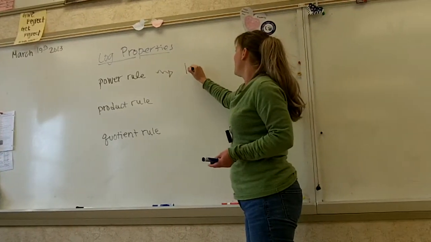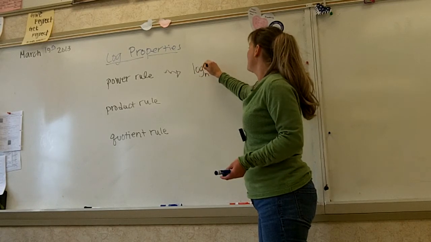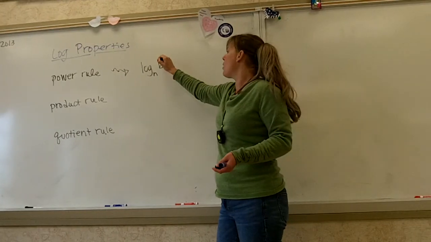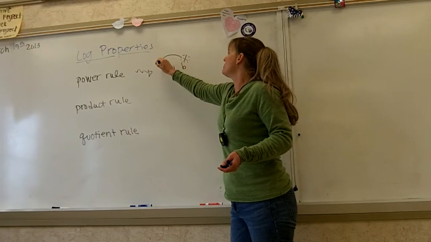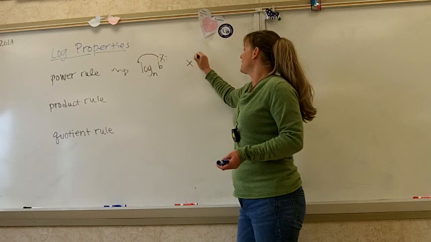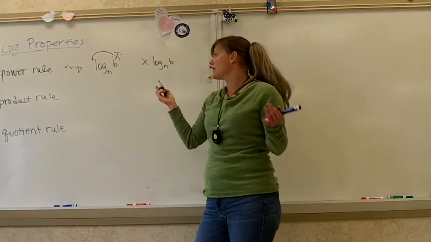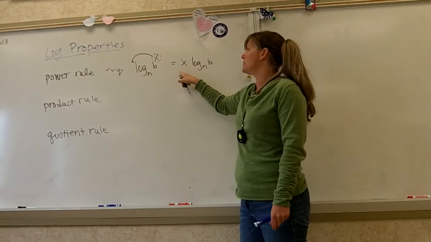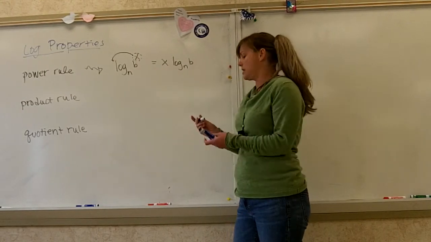If I have log of any base, like maybe base n of b to some power x, the whole reason why logs were invented is that the power rule says that you can bring that power right in front of the log. So that would just be x log base n of b. And this works for natural logs, logs of any base, all the time. So this is super important. Don't ever forget it, otherwise your life will be over.